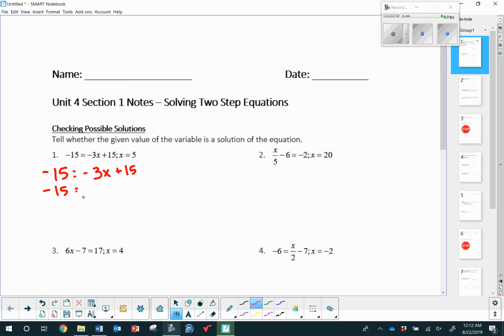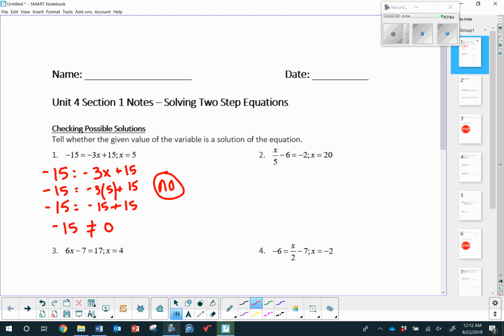Negative 15 equals negative 3 times 5 plus 15. Negative 15 equals negative 15 plus 15. Negative 15 does not equal 0, so 5 is not a solution.